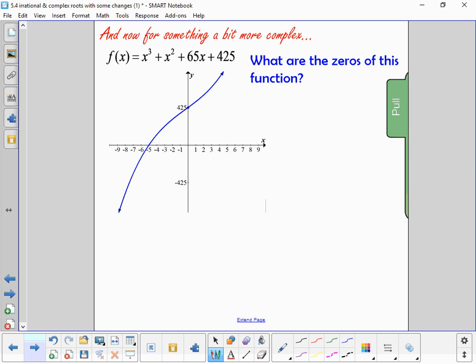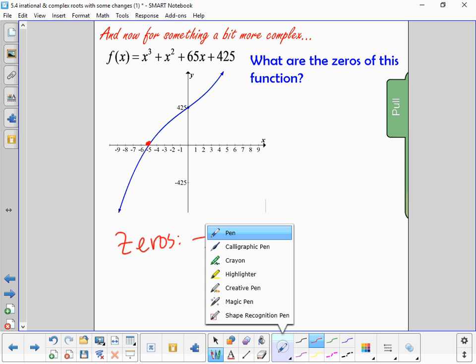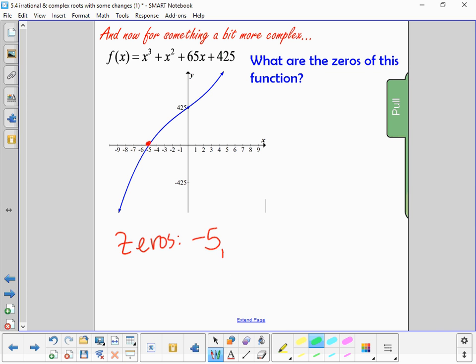Well, if I'm asked the zeros of this function and I have this graph to look at, I can right away identify one of the zeros of the function, and it is -5. However, this is a degree 3 polynomial, so I should be expecting 3 zeros, but the only one I can identify from the graph is the number -5.